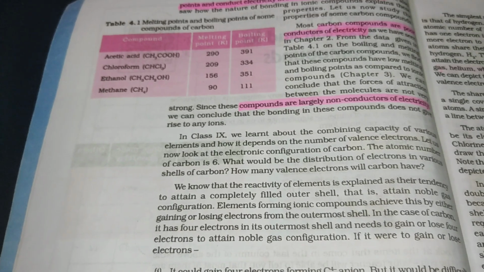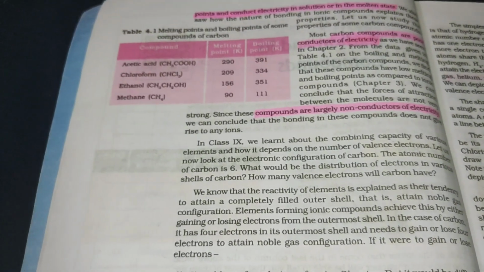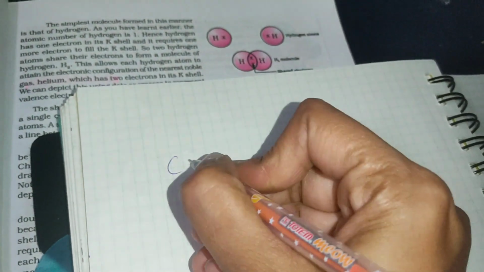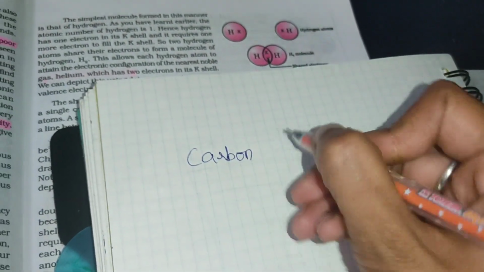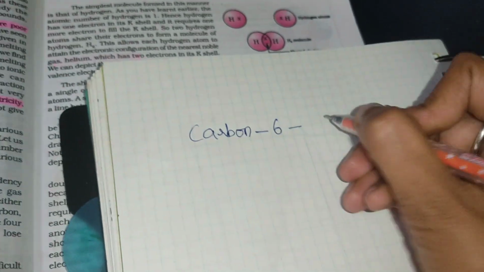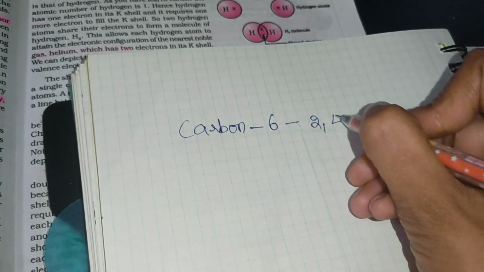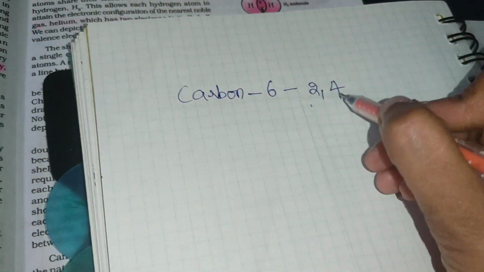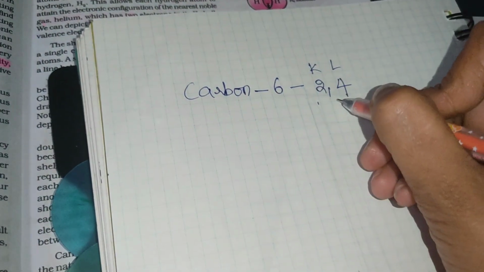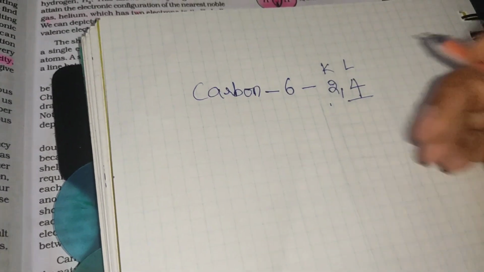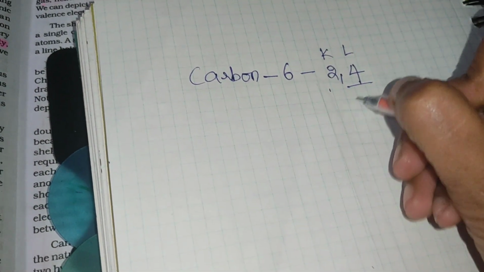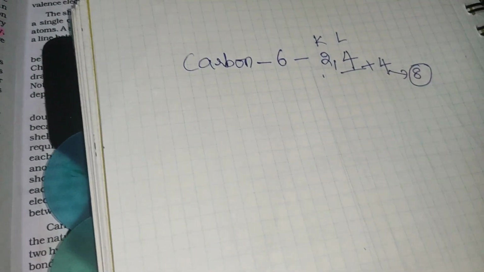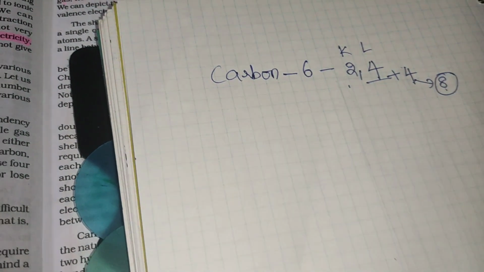We know the electronic configuration of carbon. Its atomic number is 6, so we can write its electronic configuration as 2, 4 in the K shell and L shell. There are 4 electrons in the outermost shell.